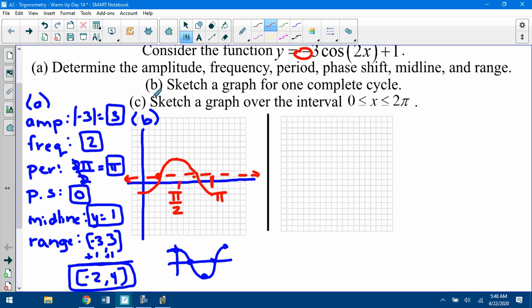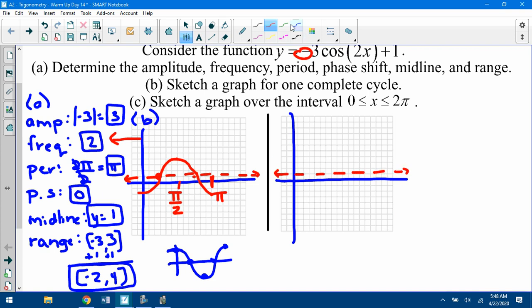Okay, now how could I use that to sketch over the interval from 0 to 2 pi? That's when frequency comes into play. I need to have this one cycle happen 2 times. So maybe that's what you should start with. So we're going to draw in our midline again.